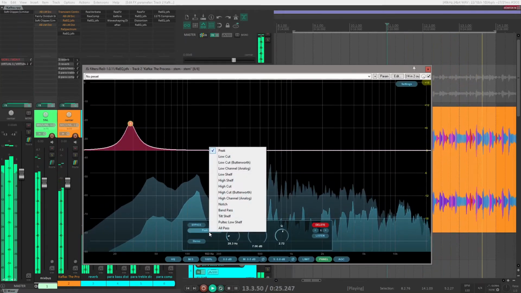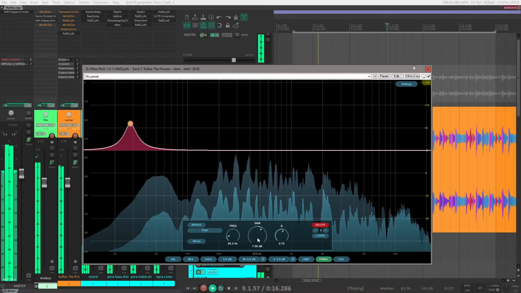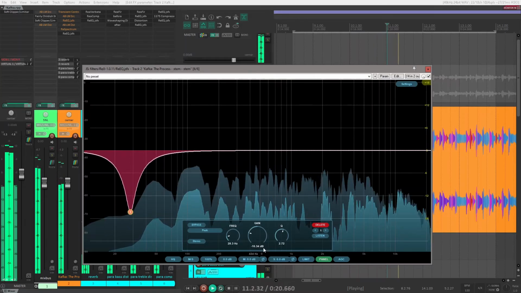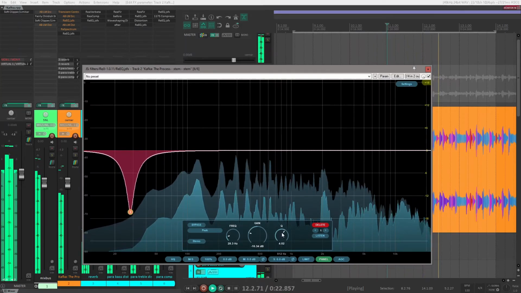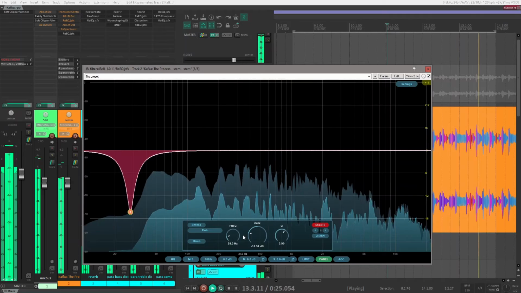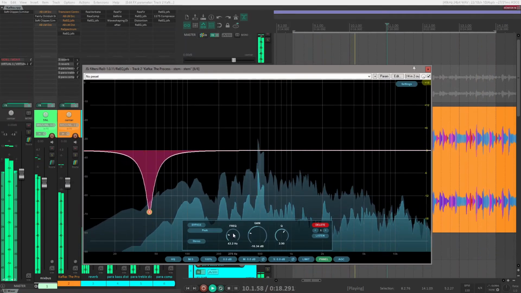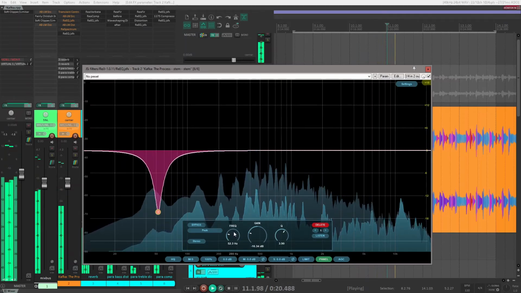I like doing the opposite. Instead of boosting, cutting, and seeing what we take away at certain frequencies.